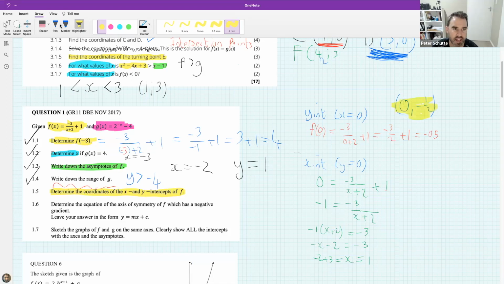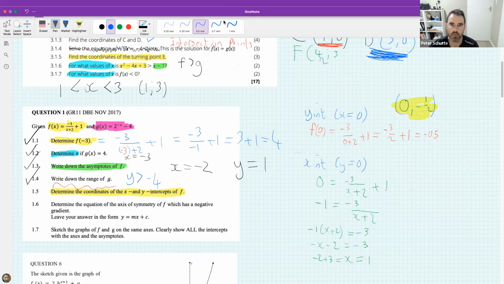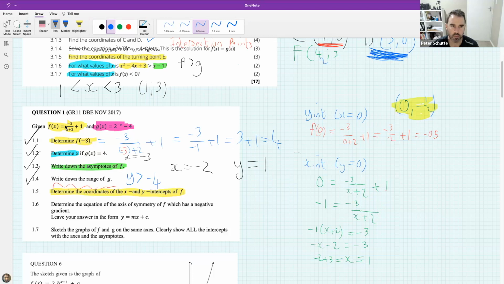And then for the x-intercept, what are you getting? What have we got for that one?